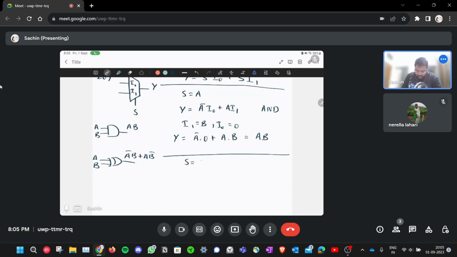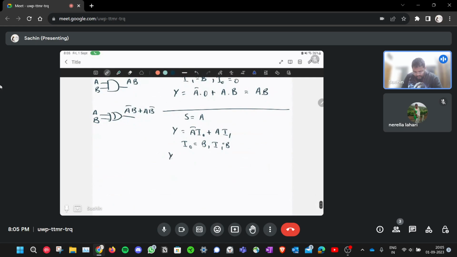We can give one of the control inputs as your input. So you'll get Y is A bar I0 plus A I1, and if you observe and compare these two expressions, you will get I0 should be B and I1 should be B complement. So you get Y is equal to A bar B plus A B complement.